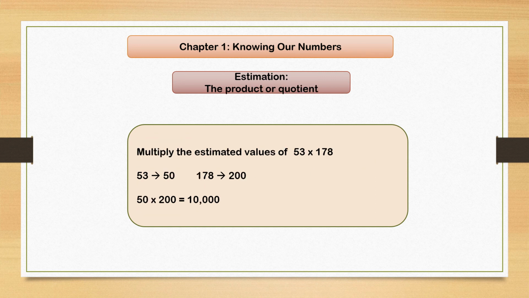So after addition and subtraction, let's understand the rules to be followed for multiplication and division of estimated numbers. Here we have a question which says, multiply the estimated values of 53 and 178.